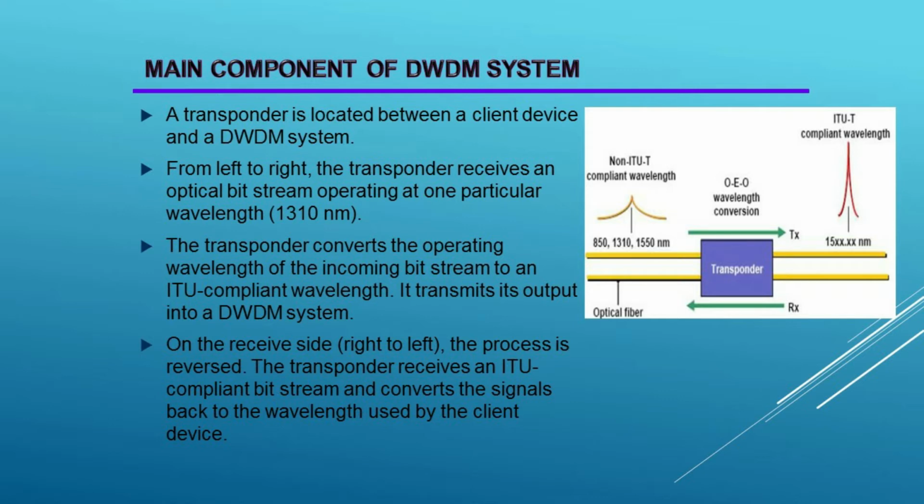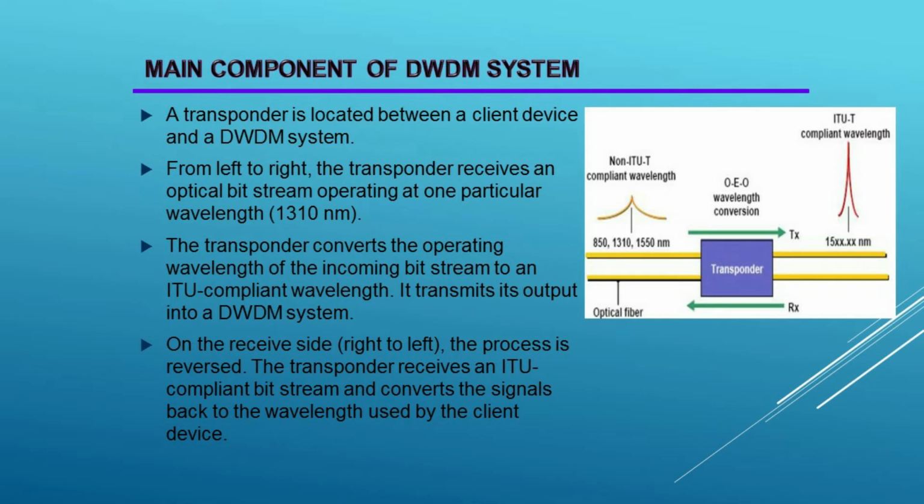Main component of DWDM system. A transponder is located between a client device and a DWDM system. From left to right, the transponder receives an optical bit stream operating at one particular wavelength, 1310 nanometers.